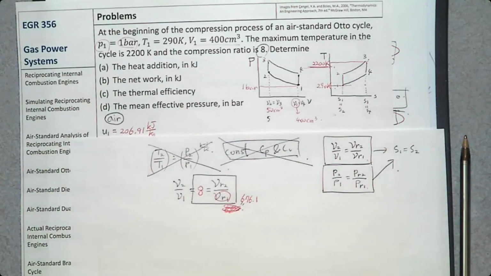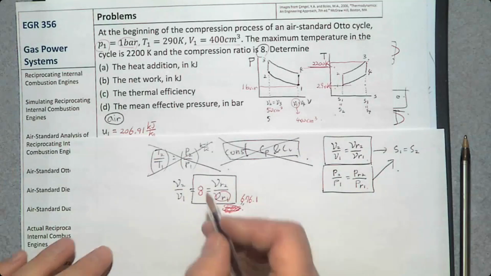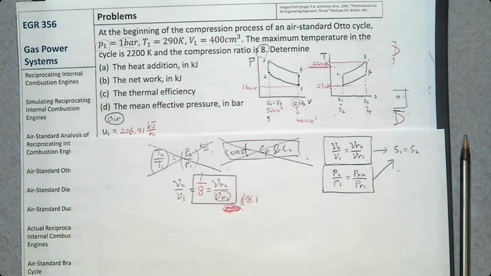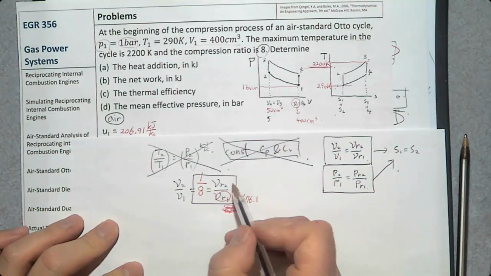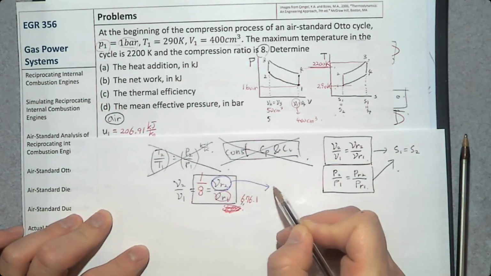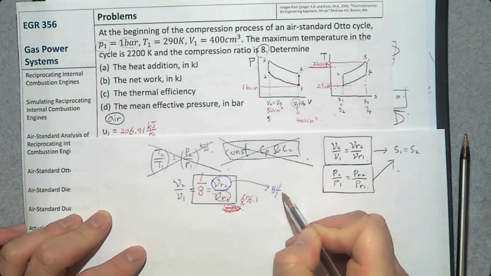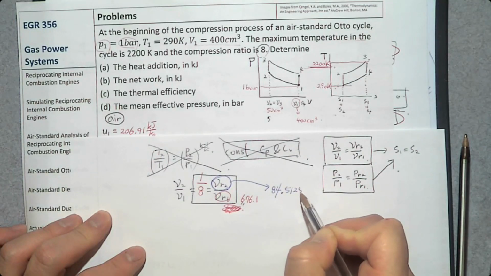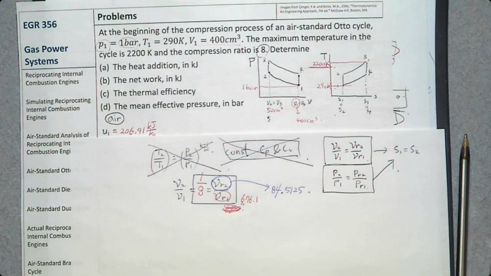So V2 over V1, V2 is only 50, V1 is 400. So that is not 8, that is 1 over 8, right? My mistake. 1 over 8. So 1 over 8 is VR2 over 676.1. Can you determine VR2? Yes, you can determine VR2. So if you solve this VR2, we get 84.5125.